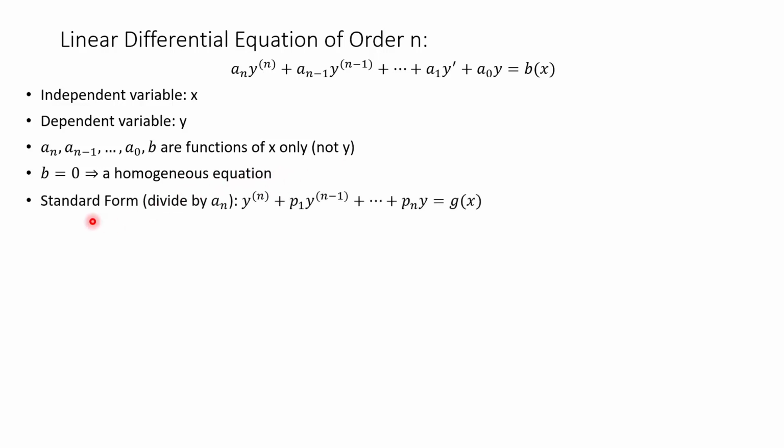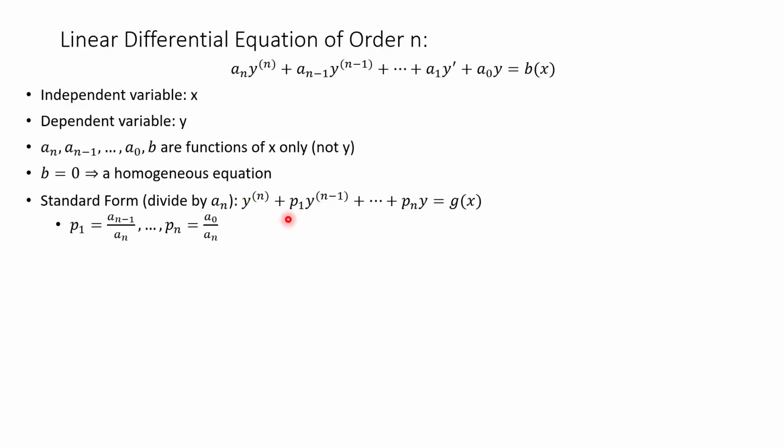What we consider standard form for our linear differential equation is this format here, where we just divided every term by a sub n. If you want to break down what these p's are, p sub 1 is what we get from dividing a sub n minus 1 by a sub n. Notice right here you would divide a sub n by itself, so there's an invisible 1 right in the front.